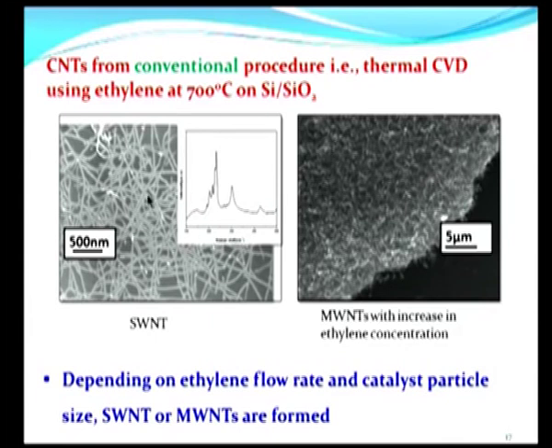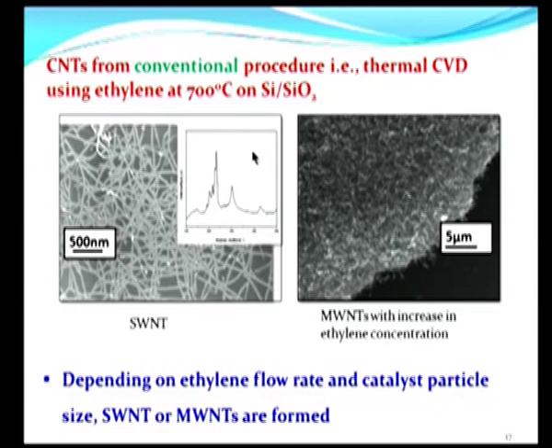What is shown on the left here is an array of carbon nanotubes produced by the process that was just described, and what is shown in the inset is the Raman spectrum of the carbon nanotubes that are obtained. It turns out that this particular spectrum is the signature of single walled carbon nanotubes.